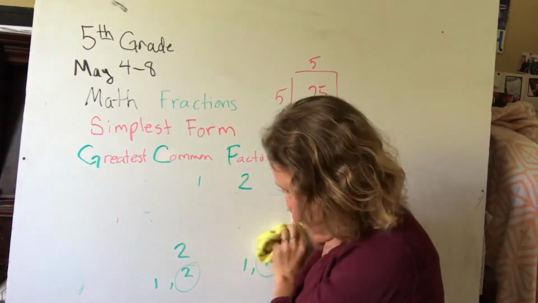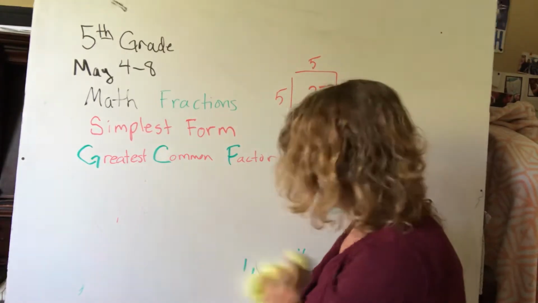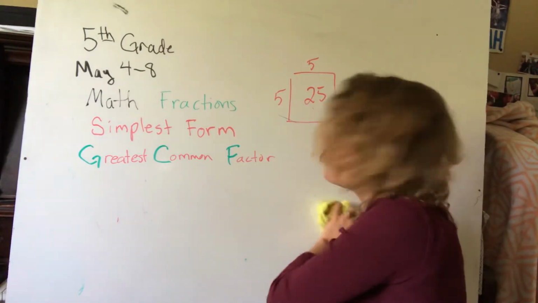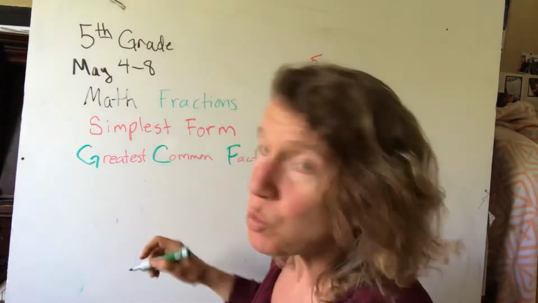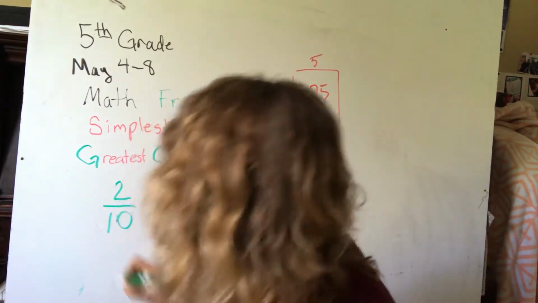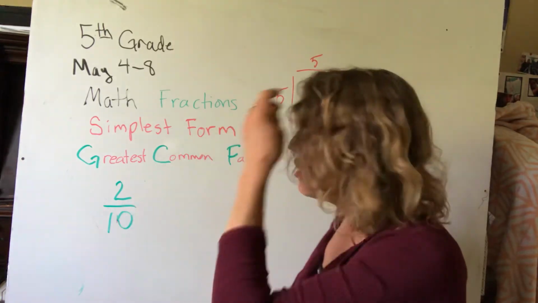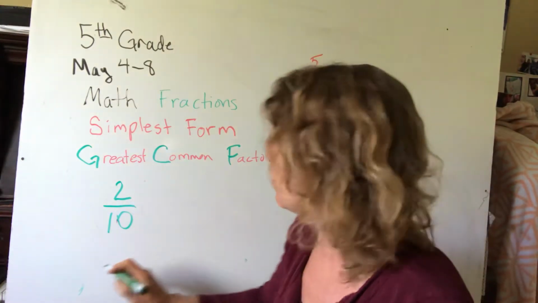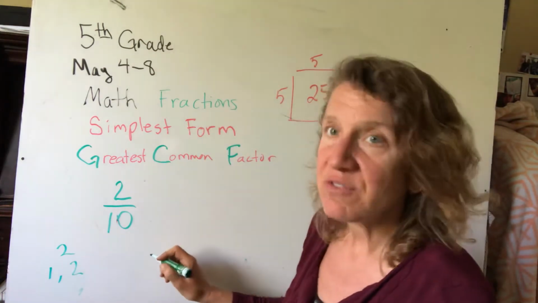Okay, number 3 says 3/10 minus 1/10. Well, 3 minus 1 equals 2. So 3/10 minus 1/10 is going to equal 2/10. First step, find the greatest common factor. We already know the factors of 2 are 1 and 2. Let's find the factors of 10.